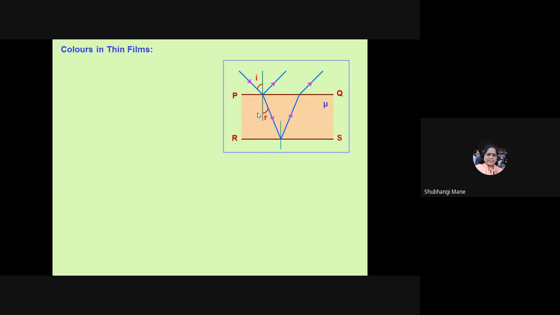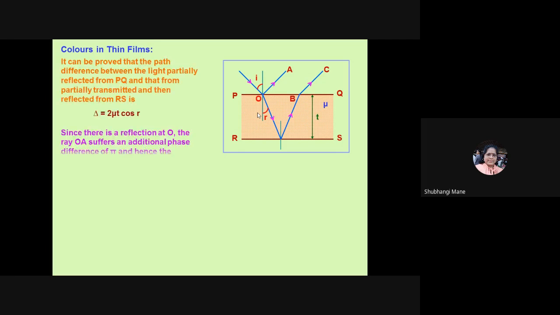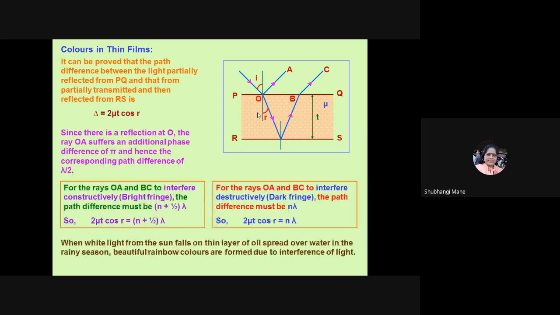पावसाळ्यामध्ये पेट्रोलचं लिकेज झालं असेल तर रस्त्यावरती आपल्याला काही ठिकाणी ऑइल स्प्रेड झालेलं दिसतं. तर जर आपण व्हाईट लाईट सोर्सच्या प्रेझेन्समध्ये बघितलं तर different colors are to be observed.